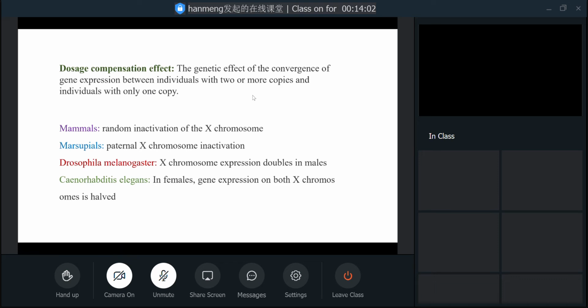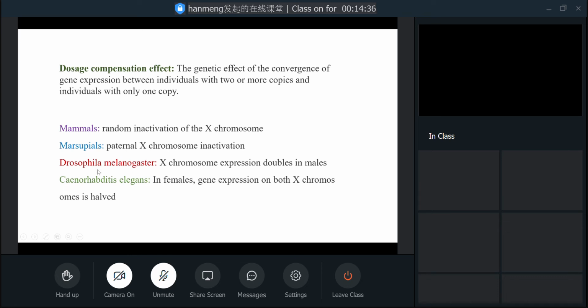For example, in the marsupials, it is paternal X chromosome inactivation: the X chromosome from the father is inactivated.